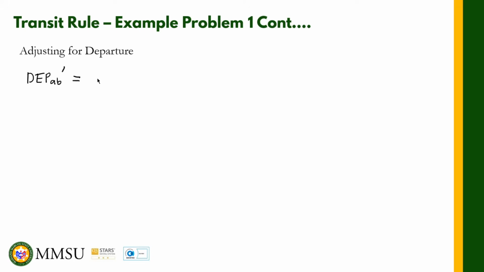So we have 47.53 minus 0.26, and this should be equal to positive 47.27 meters.